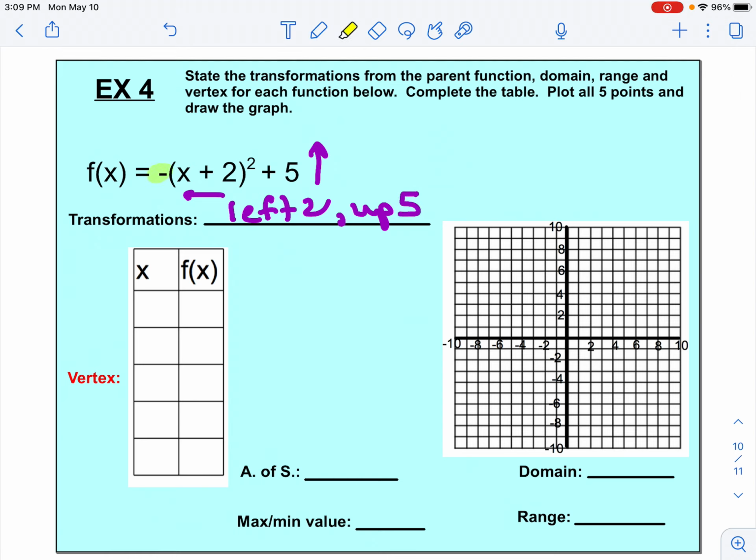Remember, there's a negative out front, so that means it's also flipped. So those are the transformations that you would state. Then, from the transformations, if it went left 2 and up 5, my ordered pair would be negative 2, 5 for my vertex. So going left 2, 1, 2, 3, 4, 5, that's where my vertex is right there.